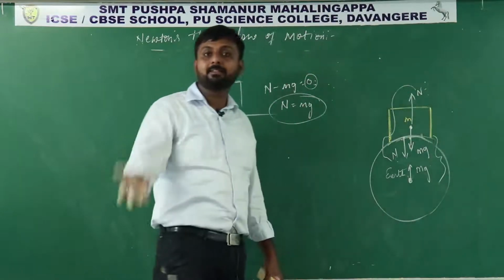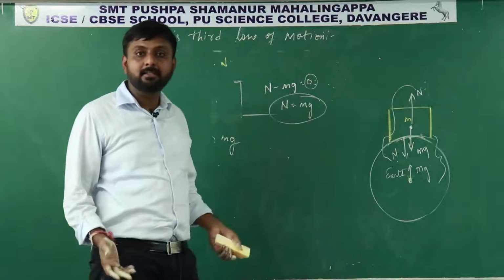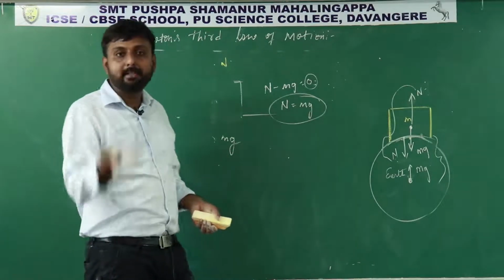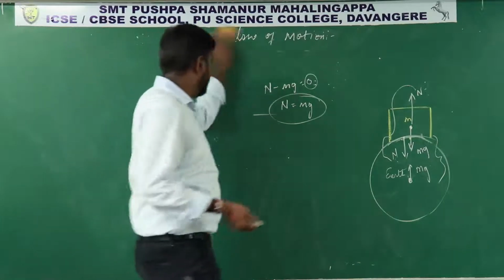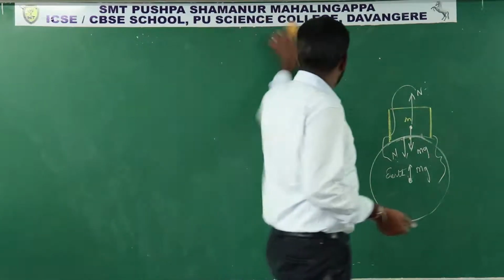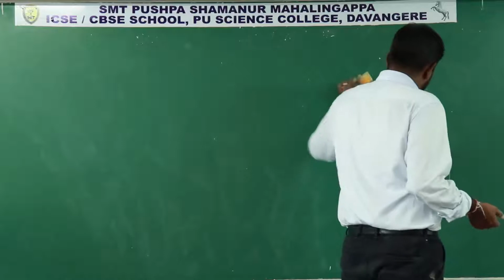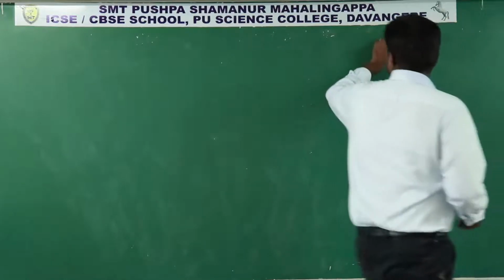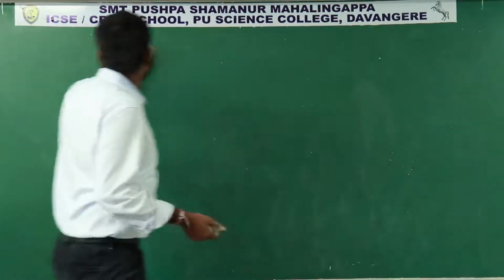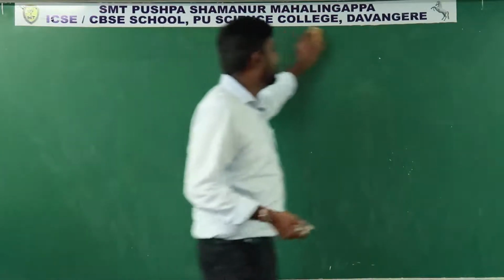The chalk piece cannot produce acceleration in the earth. So this is about Newton's third law of motion.